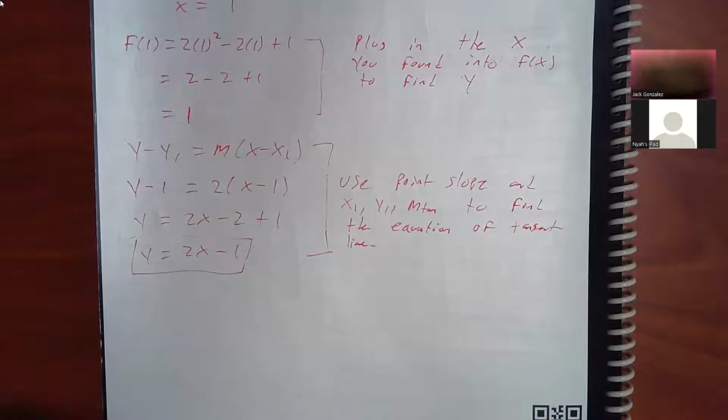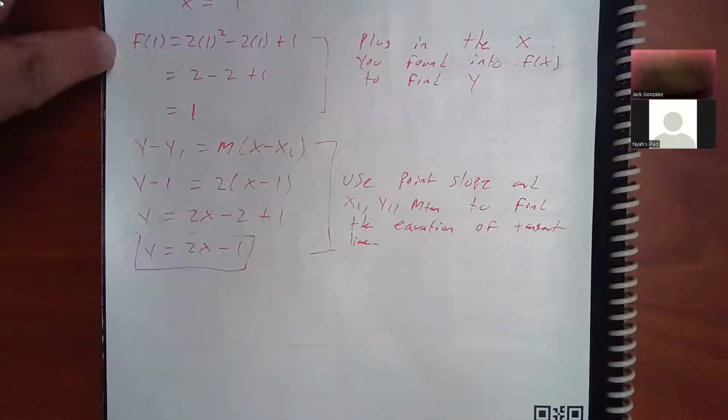So on the one with the 0, we plugged it into the derivative, but on this one, we're plugging it into the original. How do we know when we're plugging it into the original? We plug into the original to find y here.